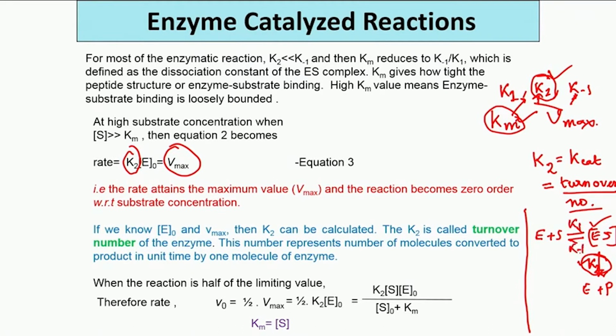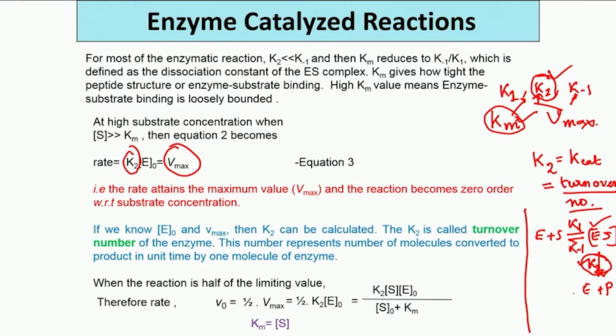So, if I have more ES and more k2, then I can say that the efficiency of the enzyme is very good. That means, to have high efficiency, what we need is a high concentration of this ES and a high value of k2.